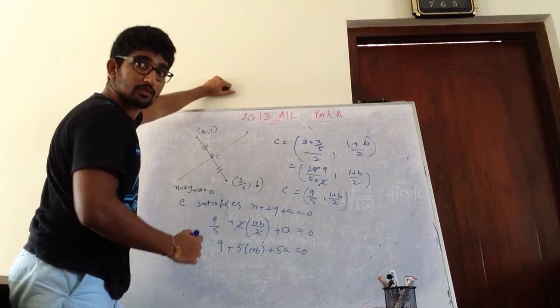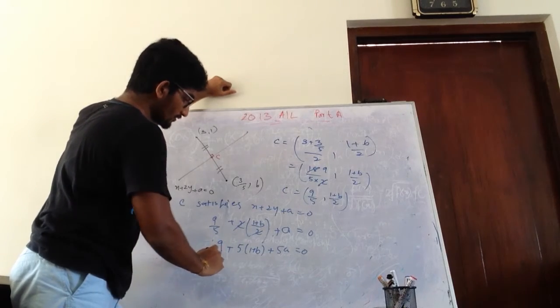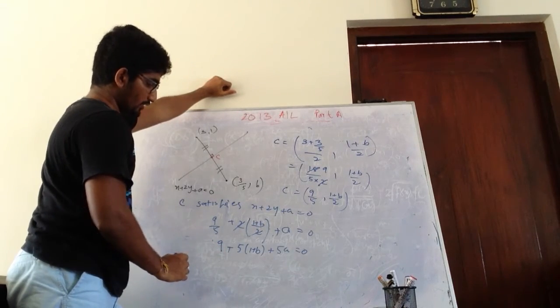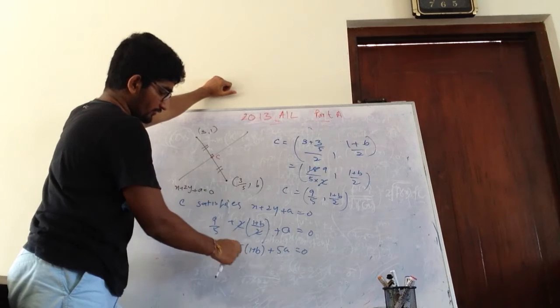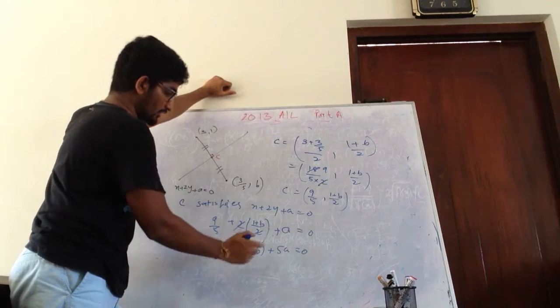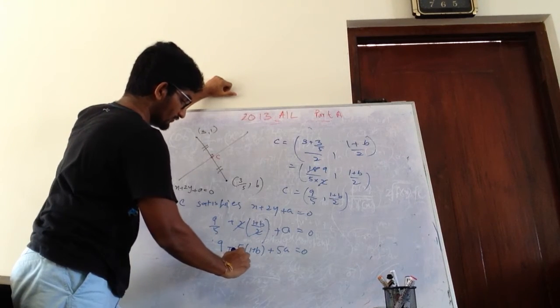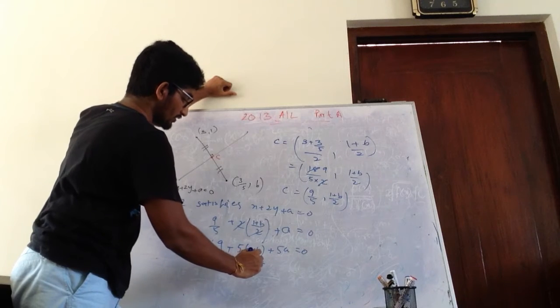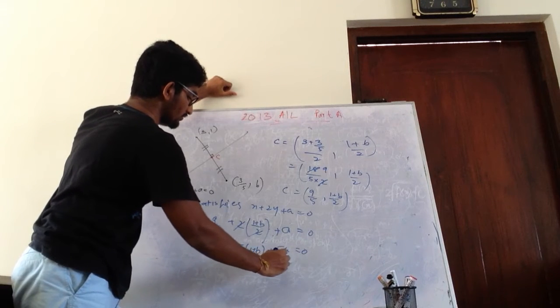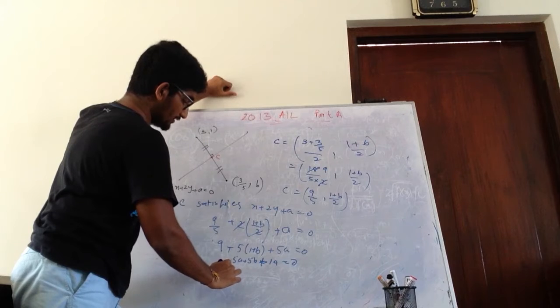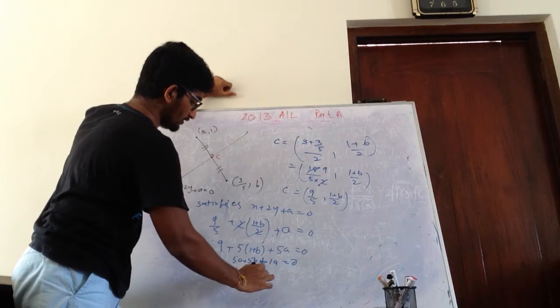Correct? Then basically 5 and 9 is going to be 14. So 5a plus 5b plus 14 is going to be 0. That means a plus b is going to be minus 14 over 5.